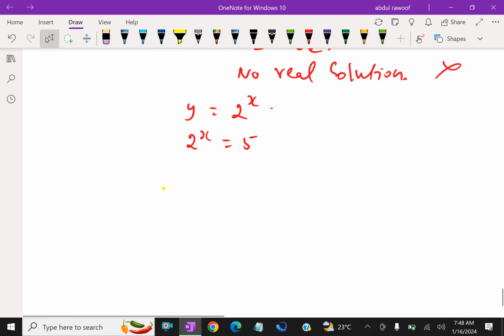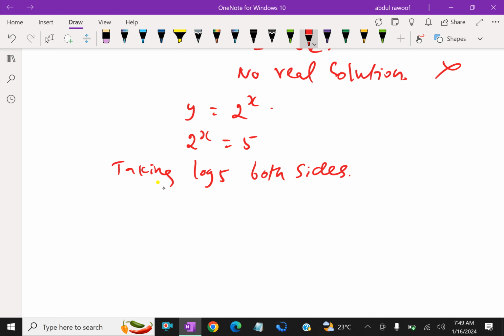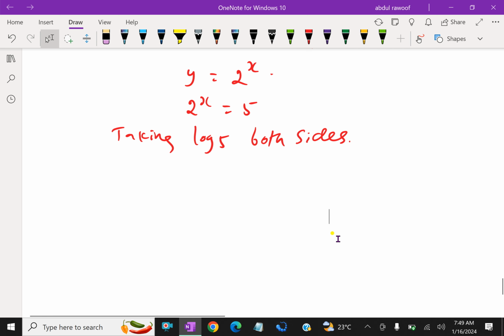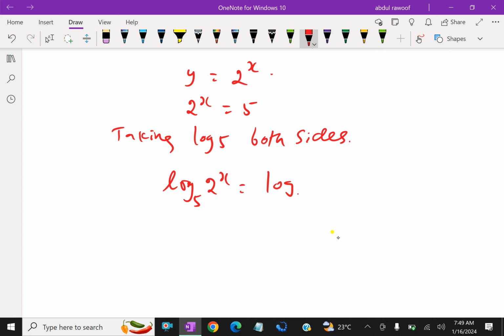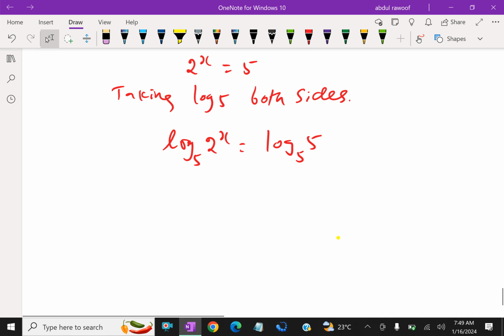Now taking log base 5 on both sides, because here 2 power x equal to 5, we get log base 5 of 2 power x equals log base 5 of 5. By the log rule, the power x comes to the front: x into log base 5 of 2.